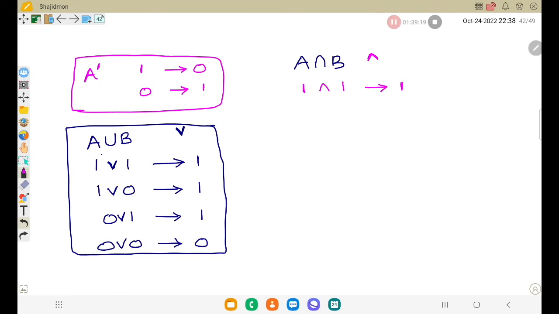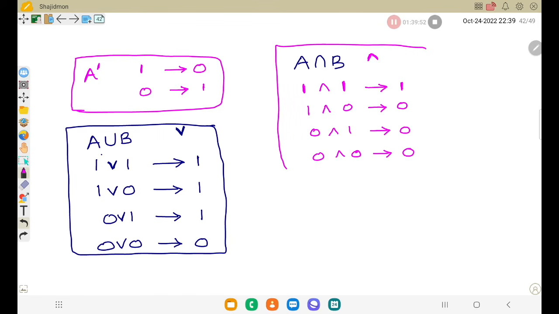A 1 means that number is in set A, B 1 means that number is in set B. So if it is in both sets, it will come in the intersection. 1 and 1 equals 1. 1 and 0 means 0. If it is not in both, the intersection will not have it. 0 and 1 means 0. 0 and 0 also becomes 0, because it is in neither set. So this is the intersection operation, the AND operation.